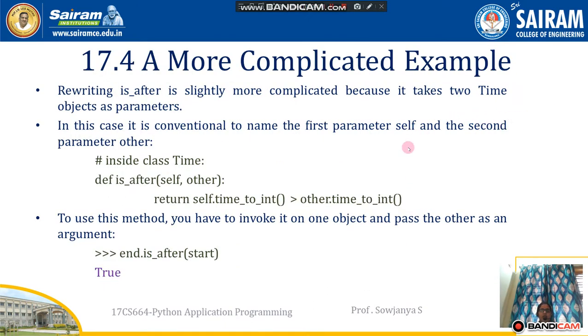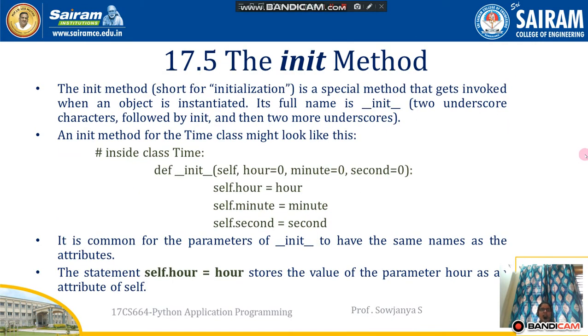That is how we can write methods and print objects using methods and classes. Okay, the next topic is the init method. In general, init means initialization. This is a special method that gets invoked when an object is instantiated.